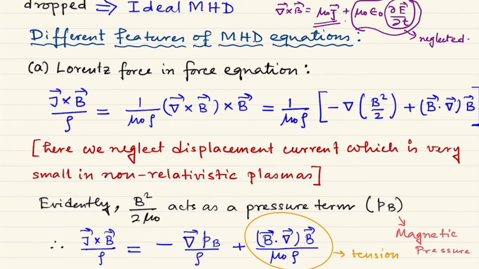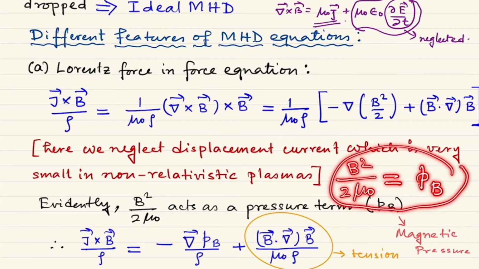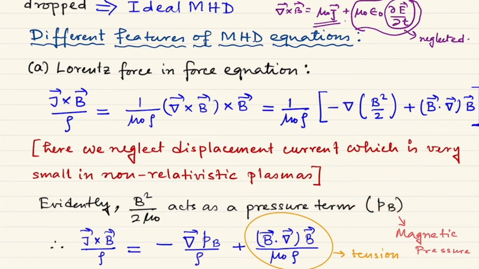It simply looks like this B square by 2 mu 0 is behaving like a pressure type of quantity, which we sometimes call the magnetic pressure. In several literature you can see this B square by 2 mu 0 is nothing but pm, they use this symbol. I am using here just p due to B. So this is a pressure term.